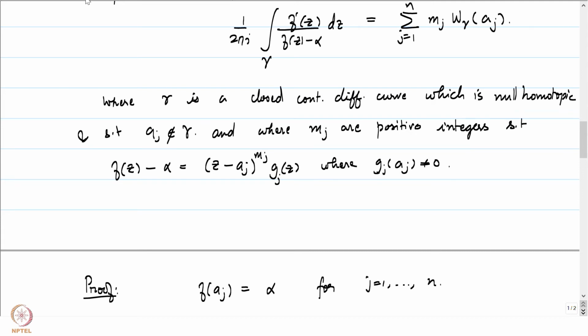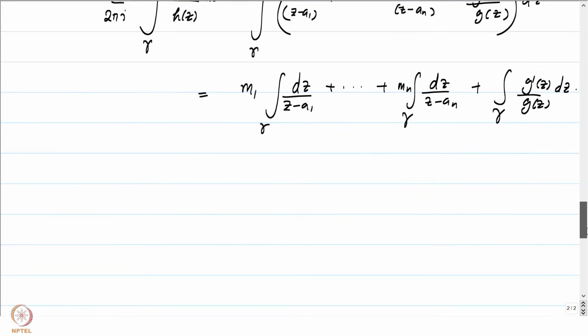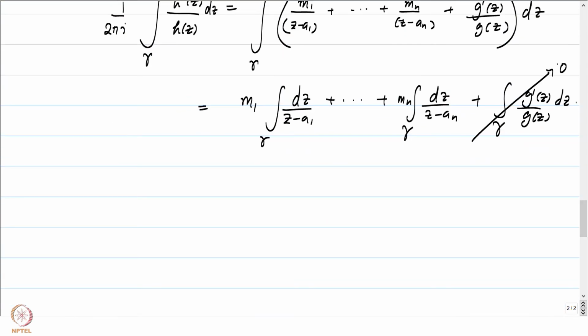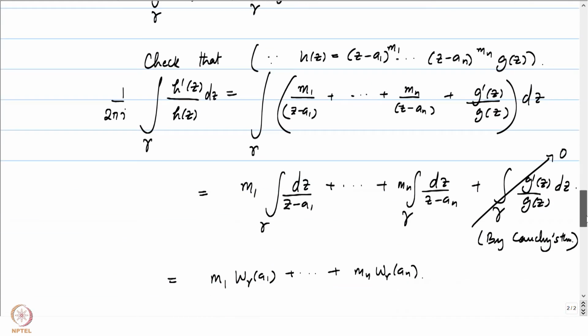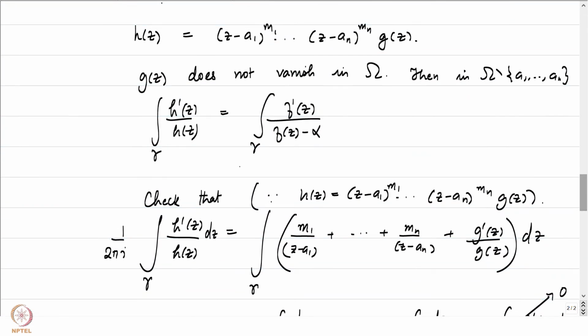So in particular, by Cauchy's theorem, this is going to be equal to 0 because it's a holomorphic function. And everything else is exactly what we want. This is going to be m1 times w gamma of a1 plus all the way up to mn times w gamma of an. And that's precisely what we had set out to do.